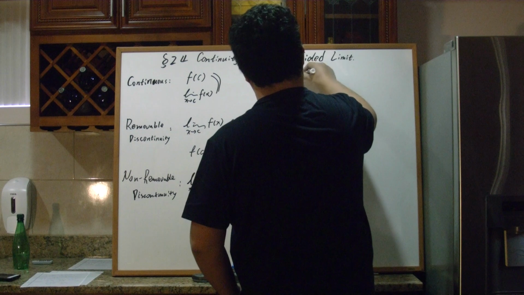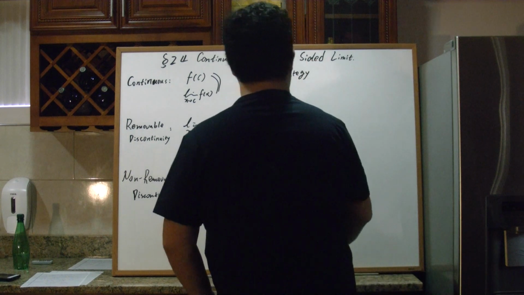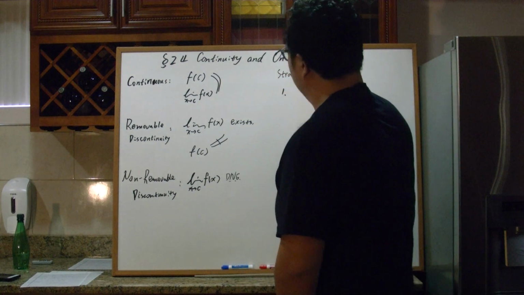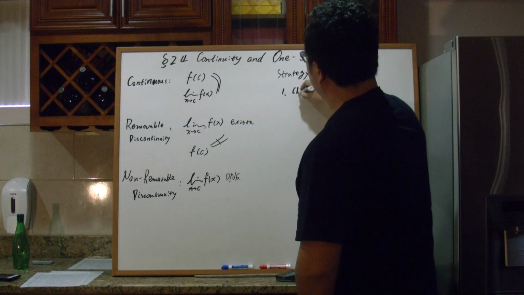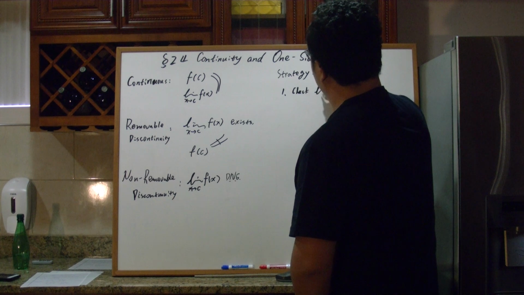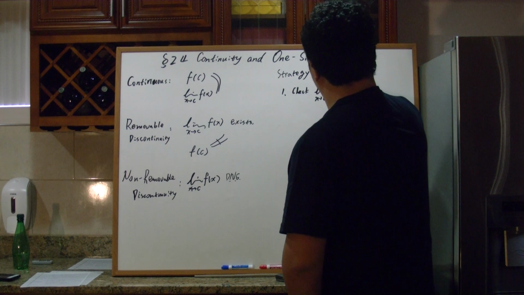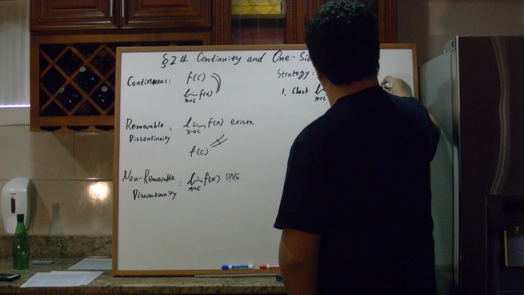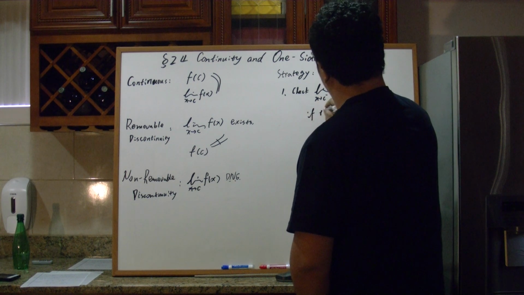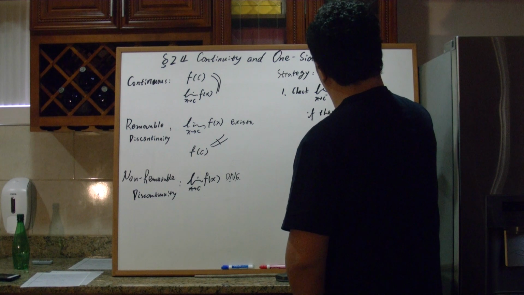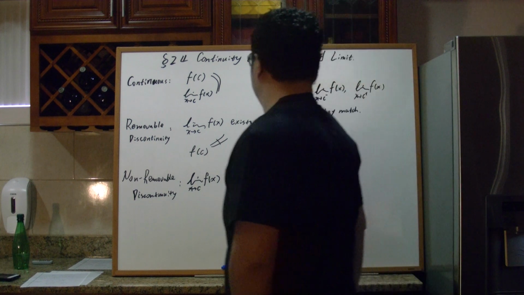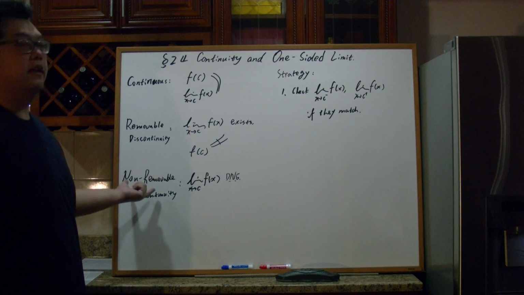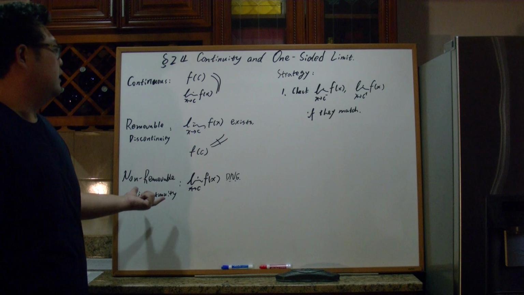All the steps: first, check the one-sided limits. If they match, we say the limit exists, at least it cannot be a non-removable discontinuity.